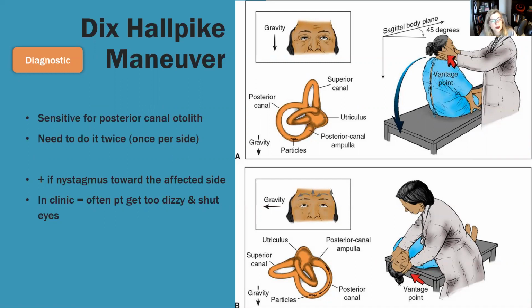Now, I also want you to know that this is specific to the posterior otolith. If you have an otolith that is out of sync on the anterior side, this is probably not going to be positive. But as of right now, we don't have a test for the anterior or the other semicircular canal, so it's only going to be for the posterior.